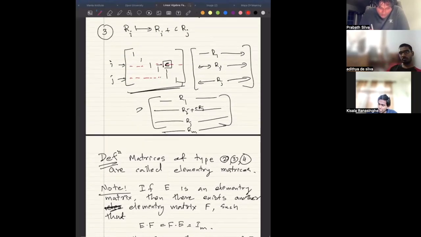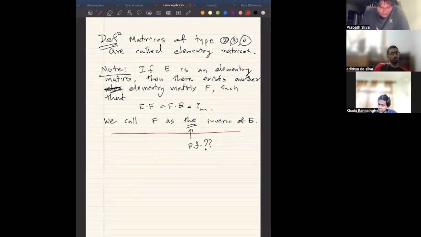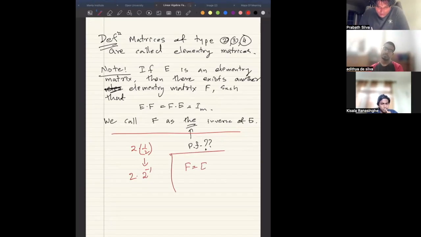In the case of integers or real numbers, what is the inverse of 2? It's half, right? And you write this as 2 to the minus 1. So the notation: write F as E inverse. Same notation. Good.